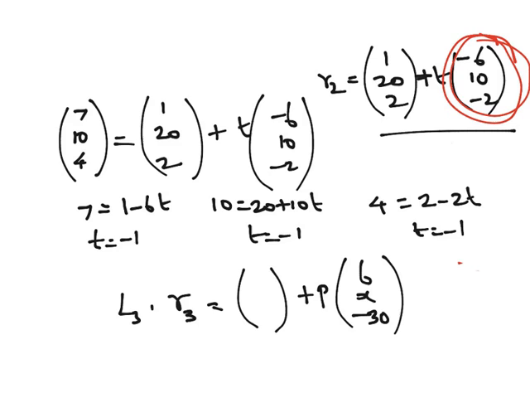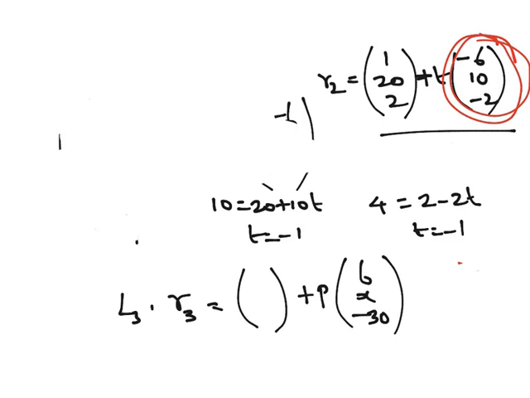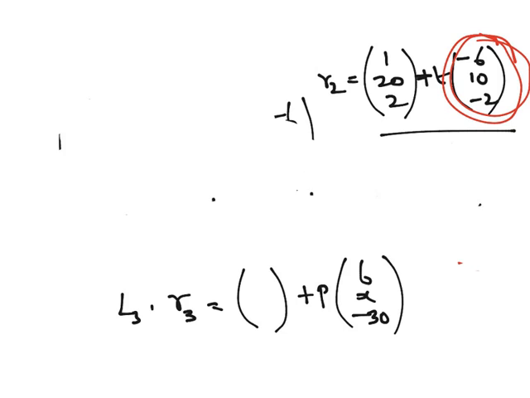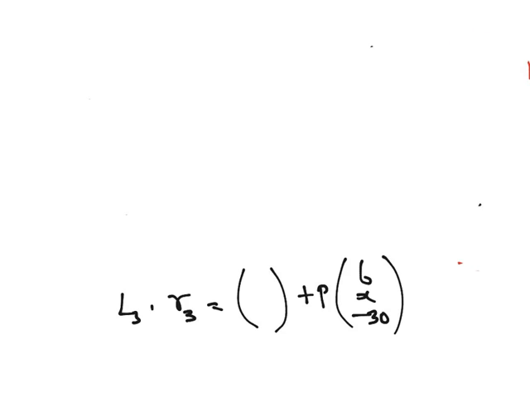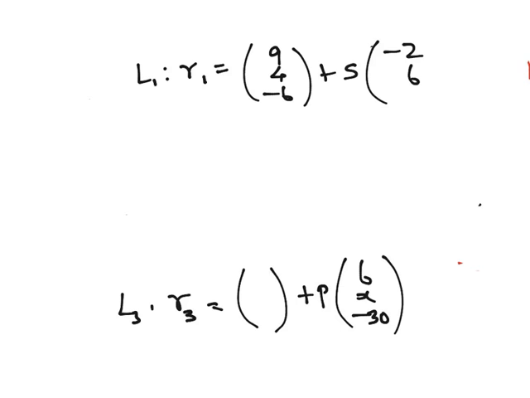So this is line L3. Now L1 and L3 are parallel, so let me write the equation of L1: r1 equal to (9, 4, -6) plus s times (-2, 6, 10).